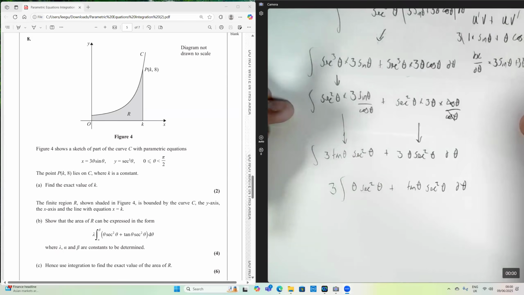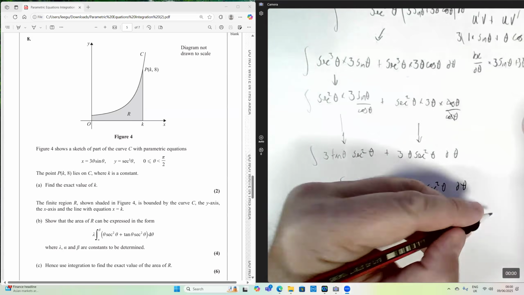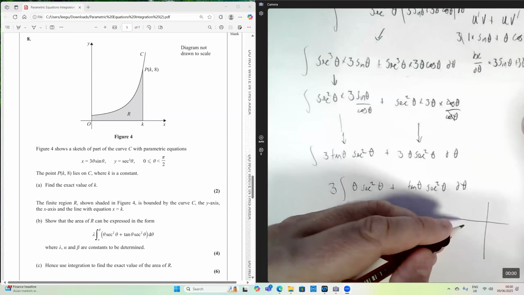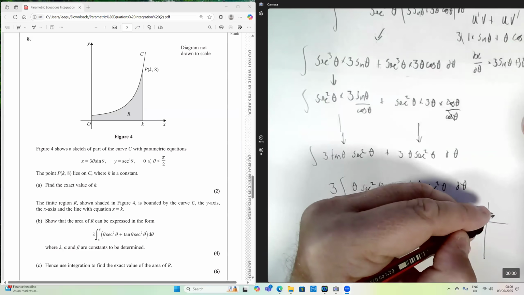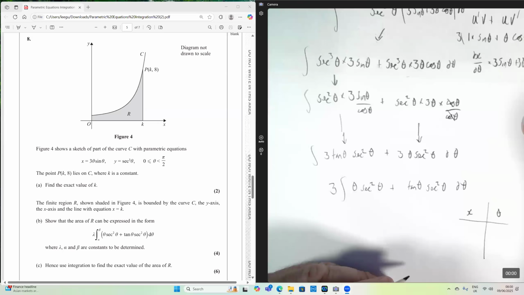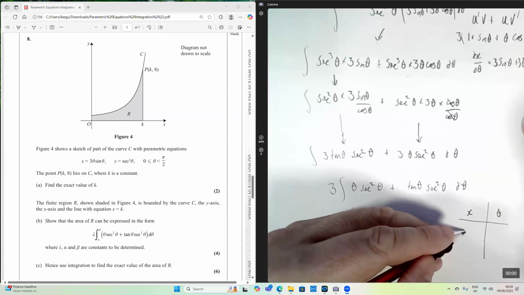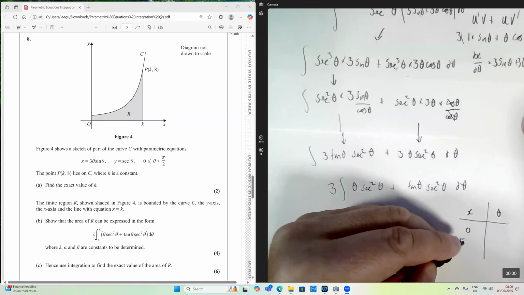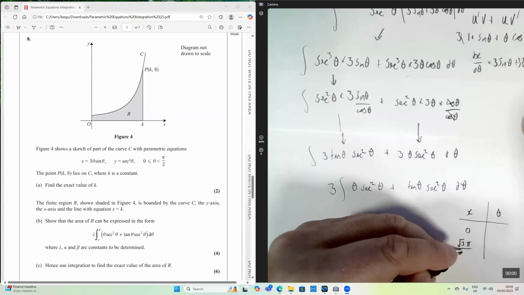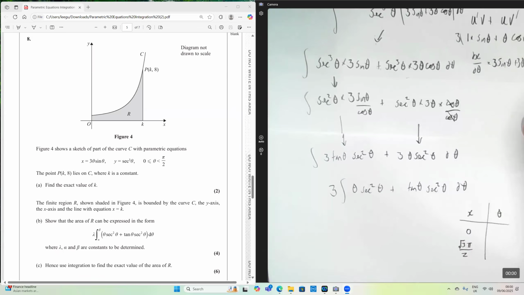Well, we know that we've got x here, and we know that we've got theta here. We know that x is equal to 0 at the left-hand side, and we know that our k from earlier was root 3 times pi over 2. We've got to find the corresponding values of theta at those points.